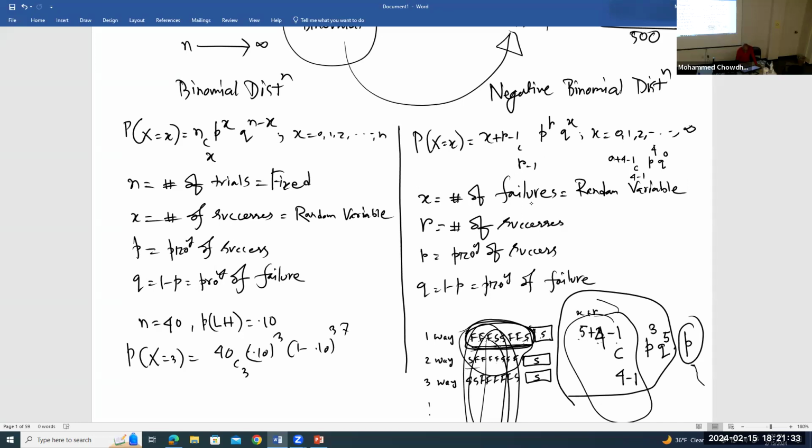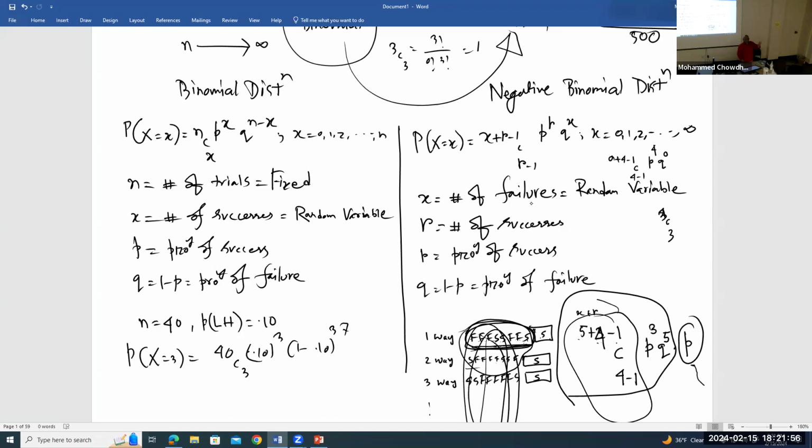So what are you getting? You got 3 choose 3. 3 choose 3 successes can be obtained only one way. 3 choose 3 can be written as 3 factorial over 0 factorial 3 factorial, which is equal to 1.